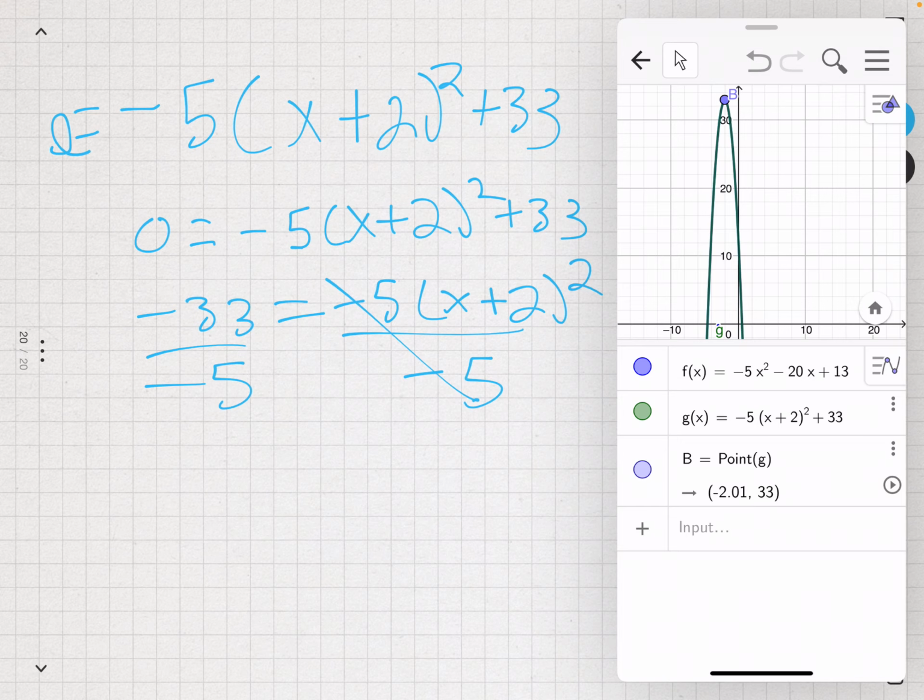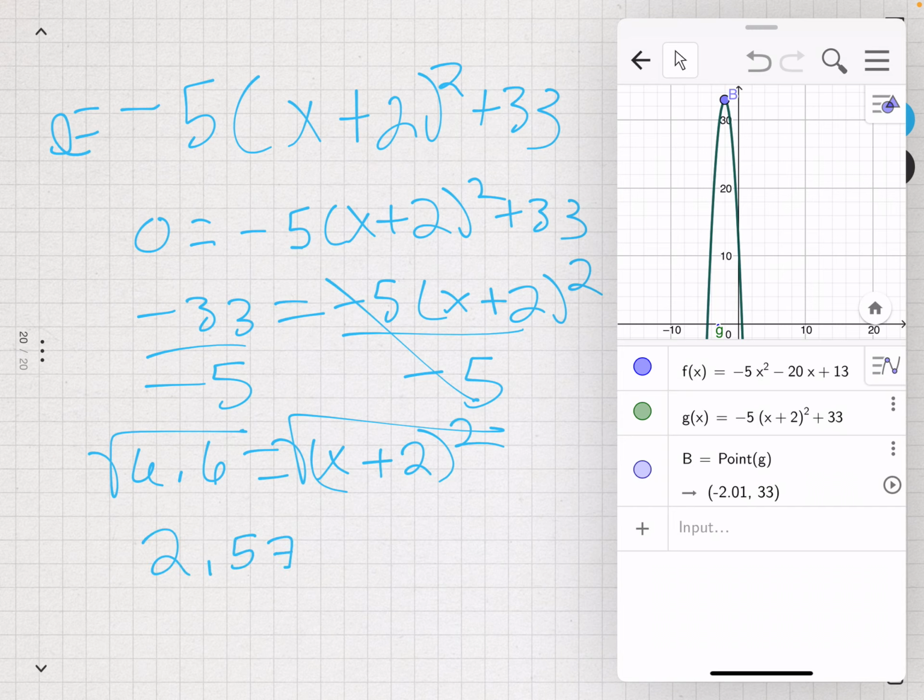Let me confirm that with a calculator. Negative 33 divided by negative 5 is 6.6, which is in fact 6 3/5, equals x plus 2 squared. We can square root both sides, and we get 2.57 is about x plus 2, minus 2 from that.